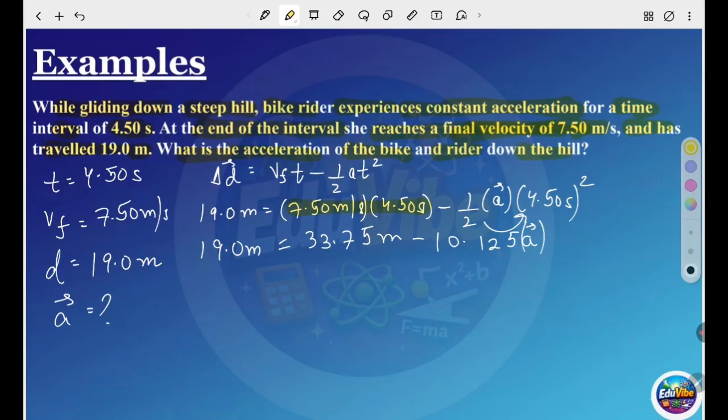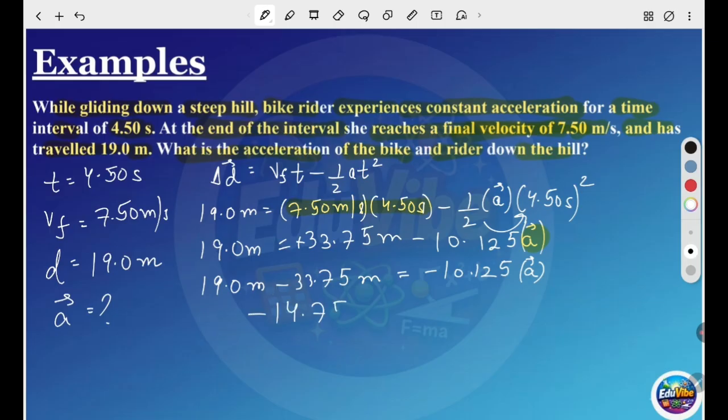Our main focus is to find that acceleration. So let's isolate this. How can you isolate this? The 19.0 meters is positive, so when it goes over there it is negative. Now 33.75 meters, and you get minus this, so you get minus 14.75.